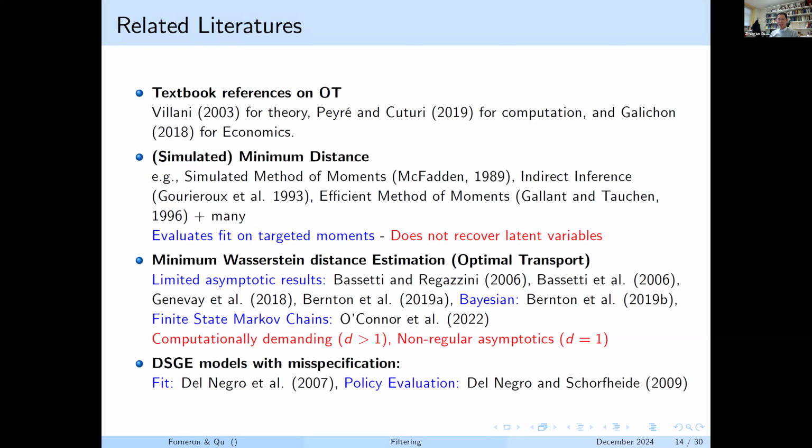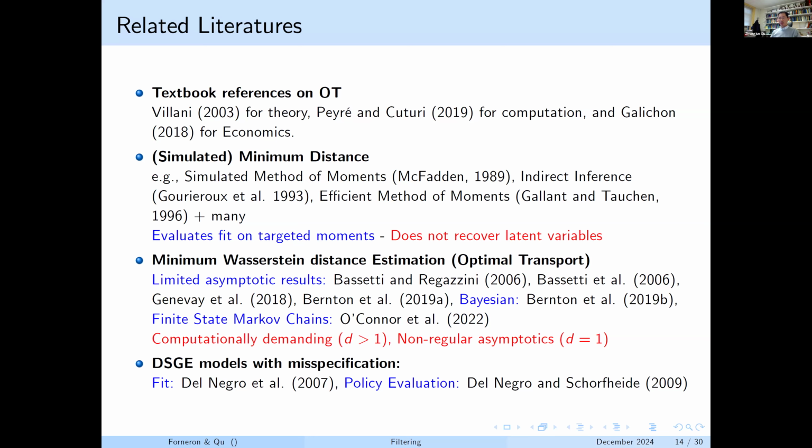Then we can also appreciate that what we do is related to the literature on minimum distance estimation. To the best of my knowledge, most of the studies in this literature are for static models.